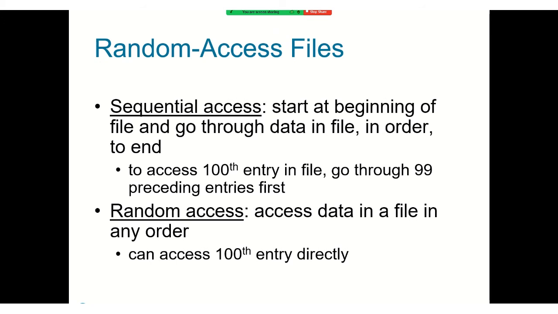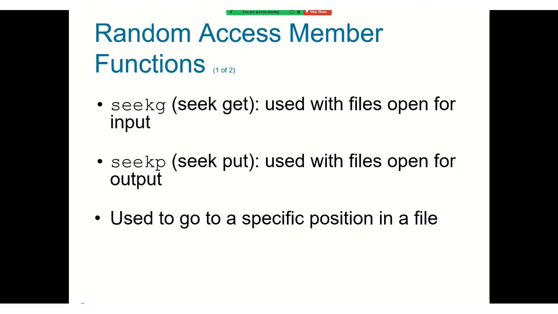Now you have random access files and sequential access. In sequential access, you start at the beginning of the file and go through the data, which is what we have done so far, reading line by line in order. To access the 100th entry in the file, you have to go through 99 preceding entries first. Random access means you are accessing the 100th entry directly. For that you use seekg and seekp, two functions.